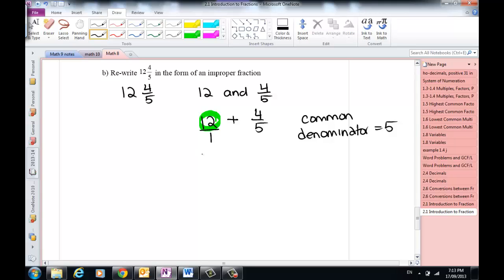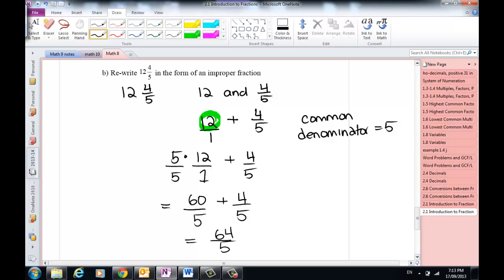I'm going to multiply the top and the bottom by 5, and then add it to 4/5. Well, 12 times 5 is 60/5, and I'm going to add it to 4/5, which is just 64/5.